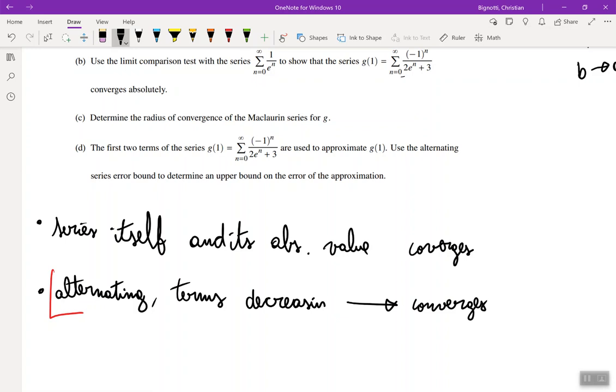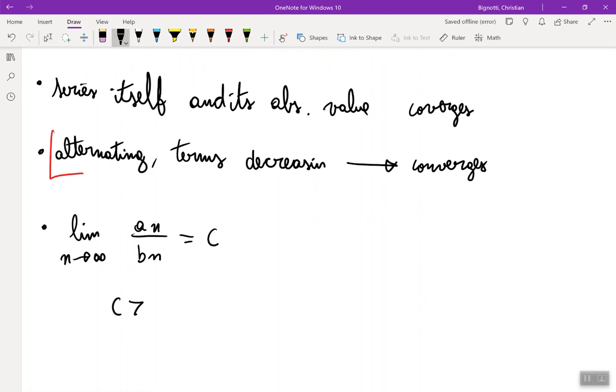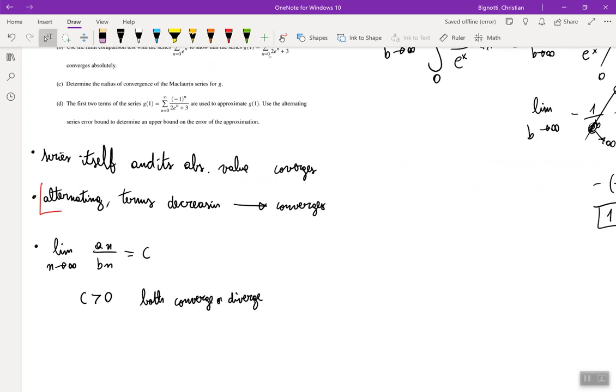And the third is the limit comparison test, which is when we have 2 series, if we do the limit as n approaches infinity and we divide these 2 series, this will give us a constant c, and if this constant is bigger than 0, then a_n and b_n either both converge or both diverge. These three are important to remember.